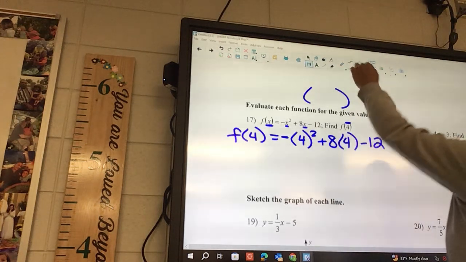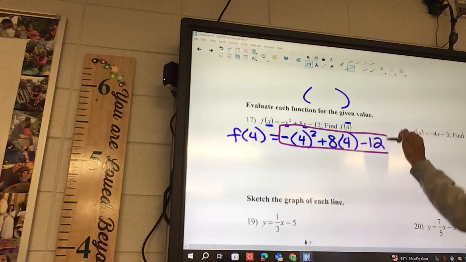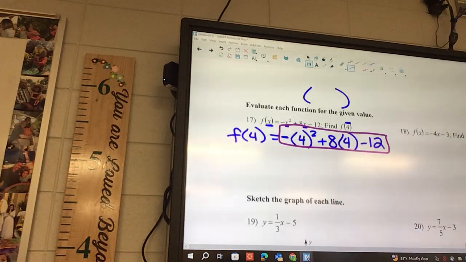On the calculator, you're only putting this part. So type all that in, see what you got. 4. Somebody else type it in.